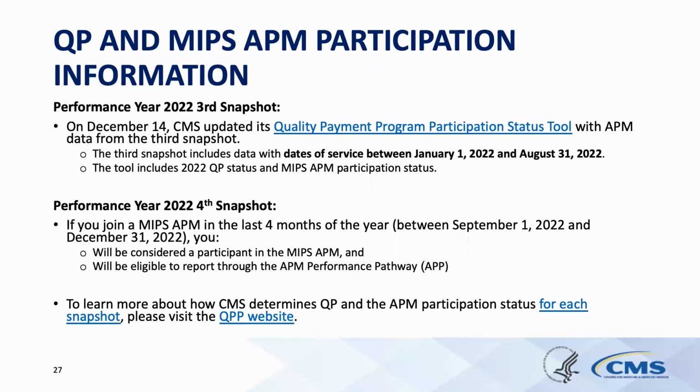For the fourth snapshot, if you joined a MIPS APM in the last 4 months of the year, which would have been from September 1st through December 31st, you'll be considered a participant in MIPS APM and will be eligible to report through the APM performance pathway, or APP. And if you'd like to learn more about how we determine QP status and APM participation status for the snapshots, you can visit our website, and we have all of our information there. Next slide.